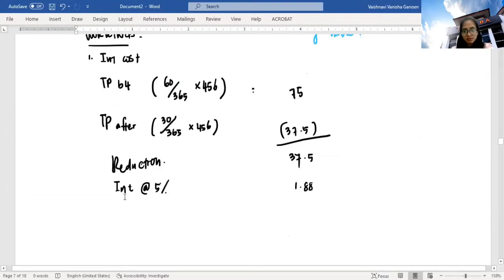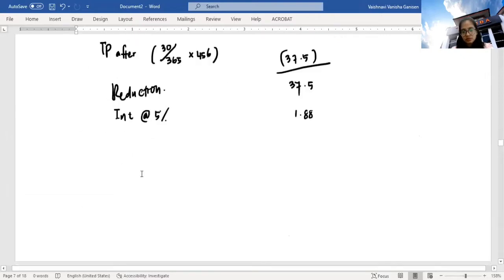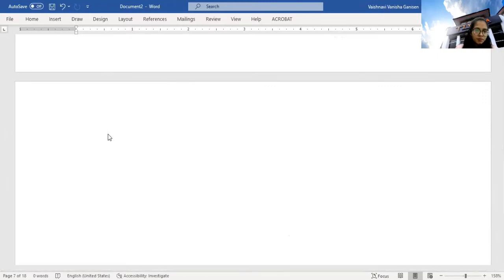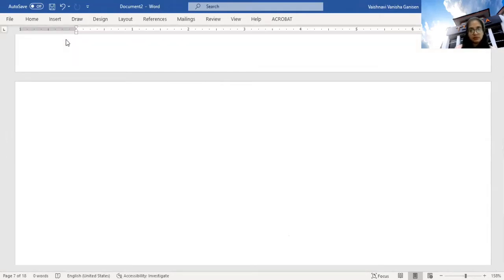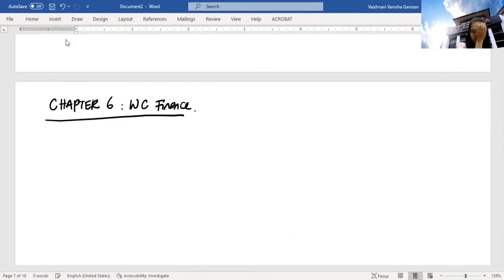So the next one, chapter 6, capital finance. All right. So cash flow forecast.